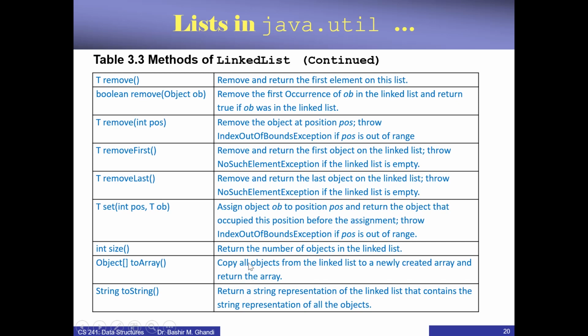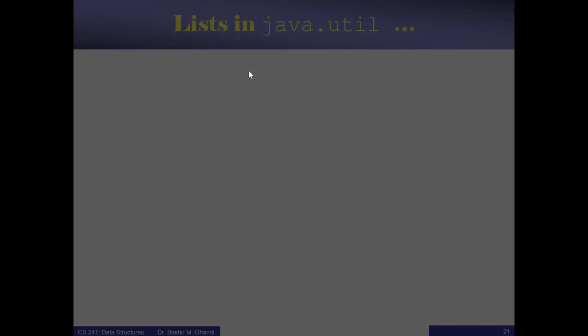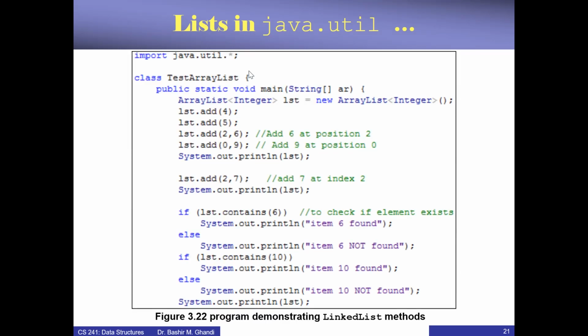So these are some of the important methods in the Java's linked list class. And as I said, we're going to see how some of them are used in a program in the lab. This slide actually shows a sample of the program that we're going to examine in the lab, but I will not waste time showing you the program here because we're going to test run it in the lab so that we can understand how to call those methods more clearly.